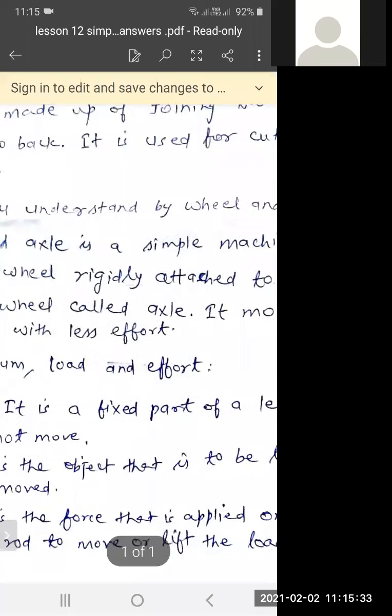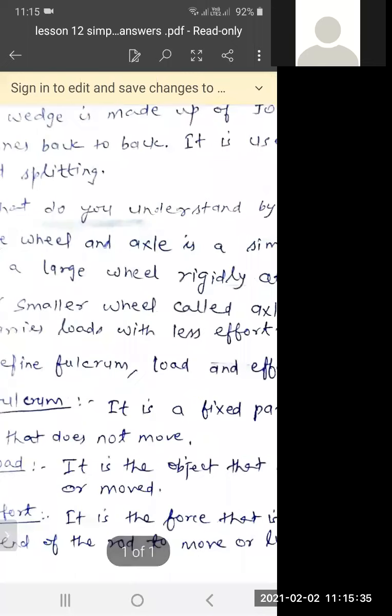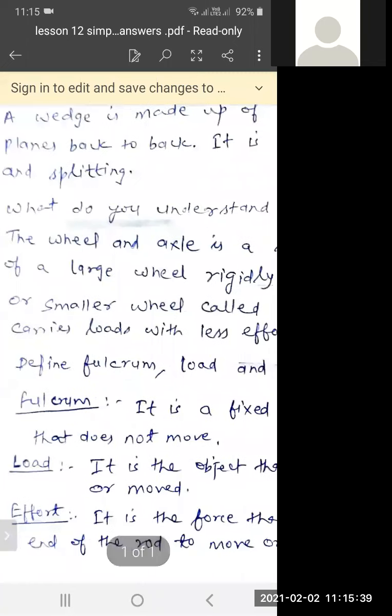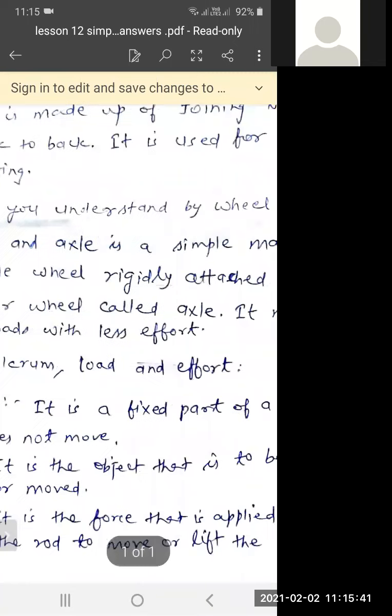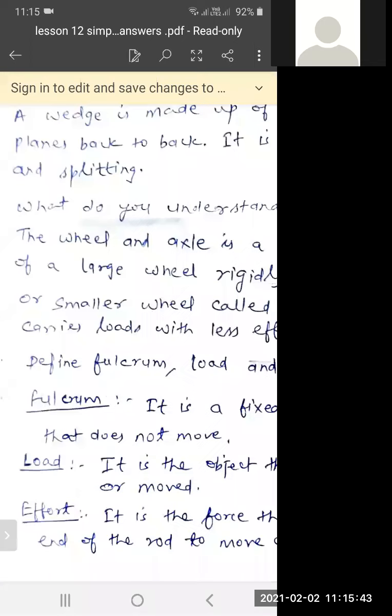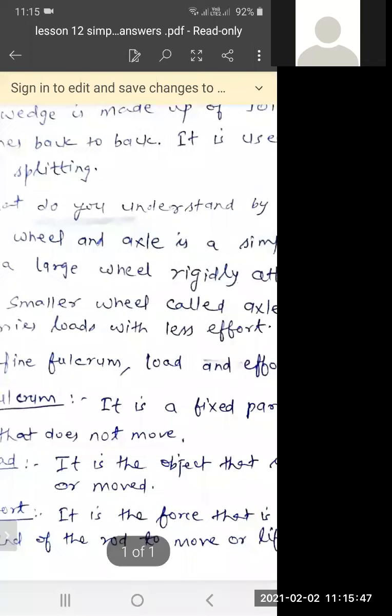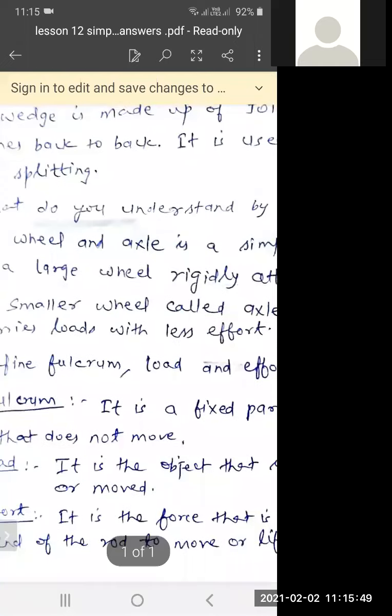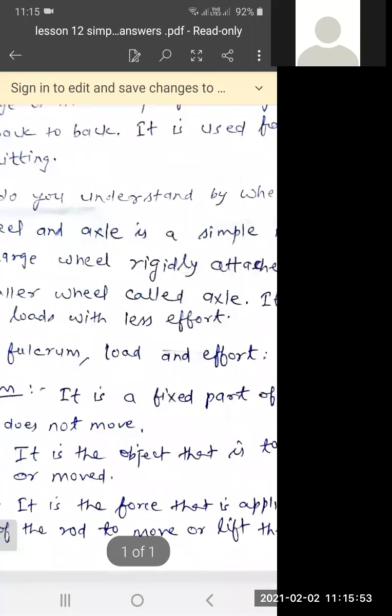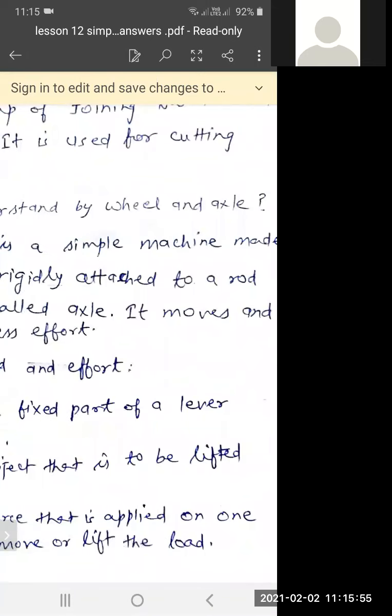And effort is the force that is applied on one end of the rod to move or lift the load. That is for the short questions.